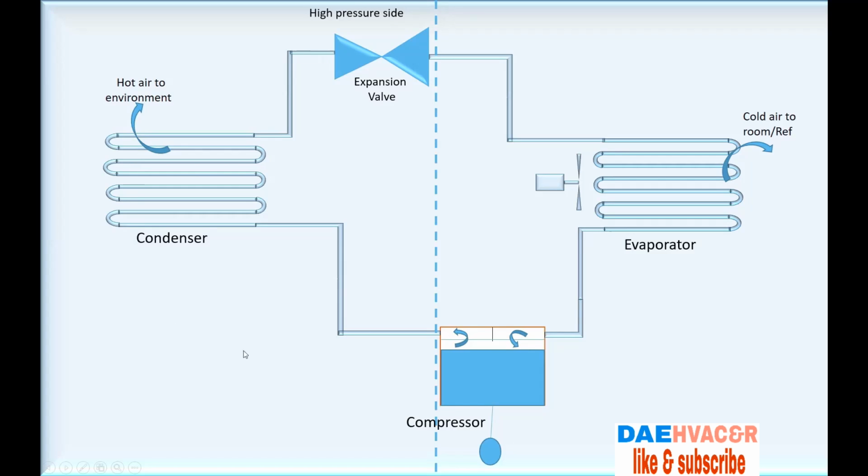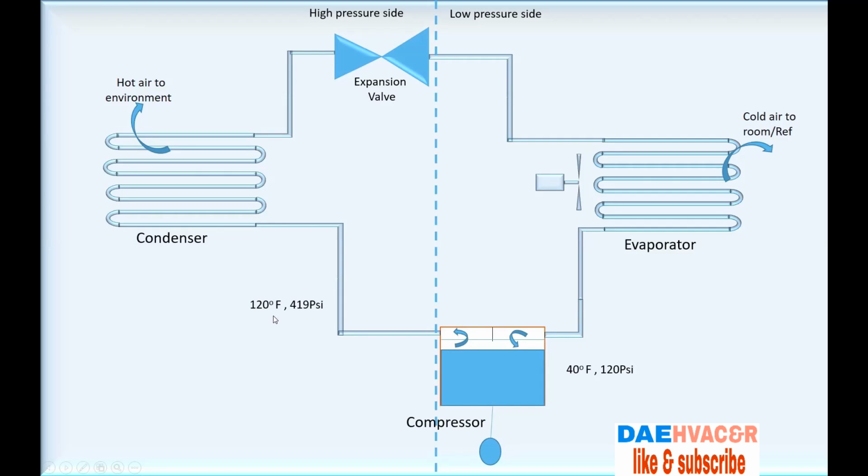After the expansion valve till the suction of the compressor, this portion is the low pressure side. Here the pressure is around 120 psi and temperature is 40°F. Then after the compressor the pressure goes to 419 psi, and because temperature is directly proportional to pressure, when pressure increases, temperature will also increase.